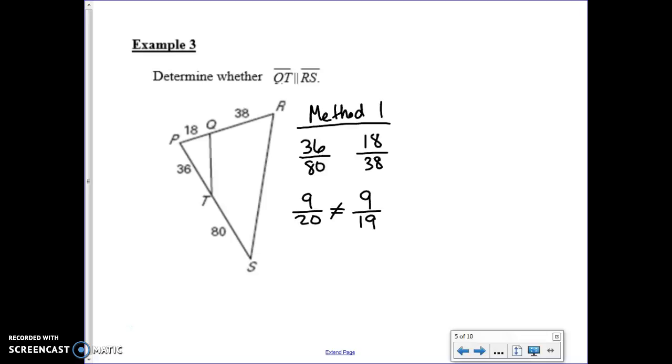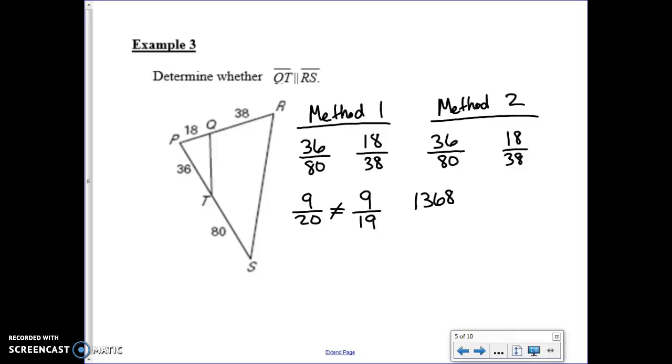Method 2 is going to use our cross-multiplying method. So again, we're going to start with 36 over 80. We're going to have 18 over 38. So now you're just going to cross-multiply, and you want those two numbers to be the same thing. So 36 times 38 is 1,368.